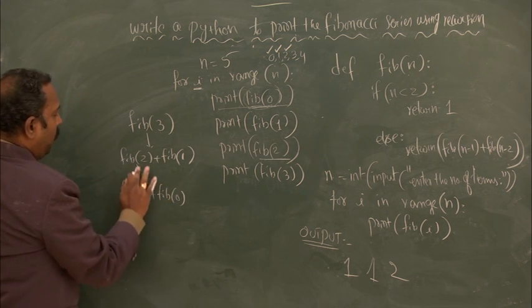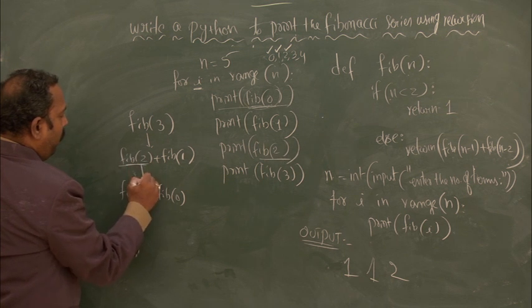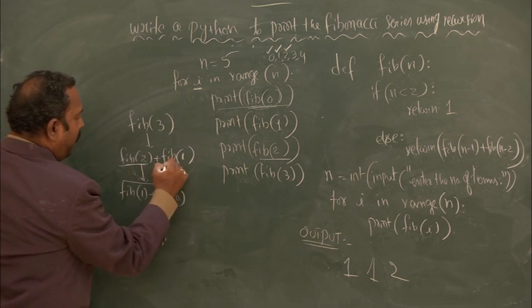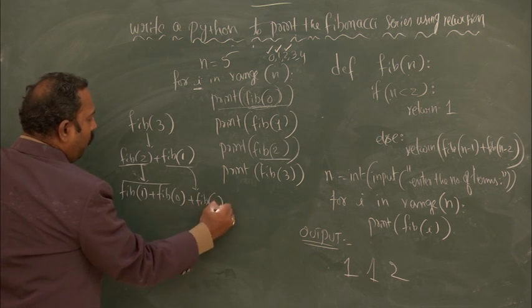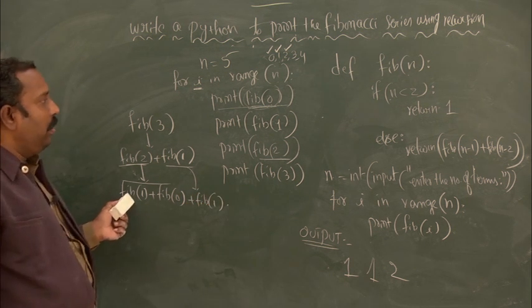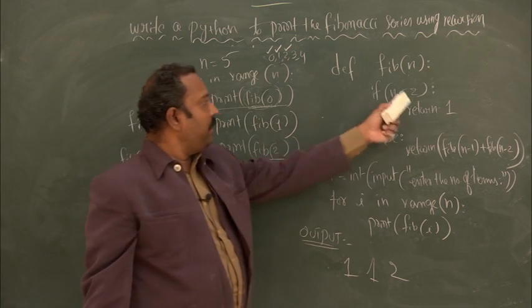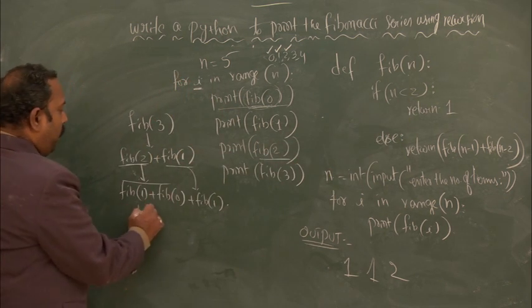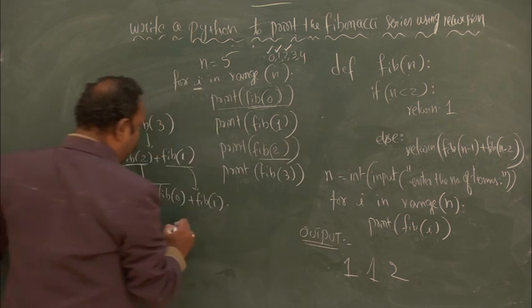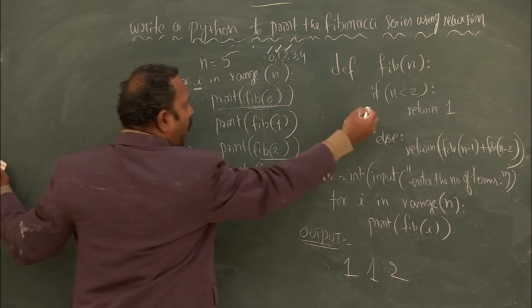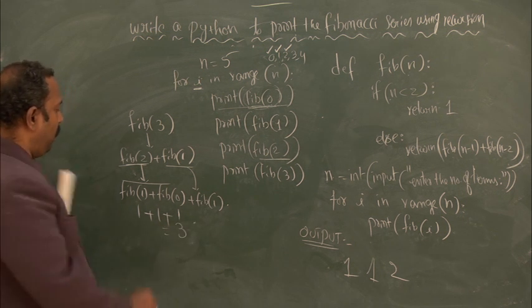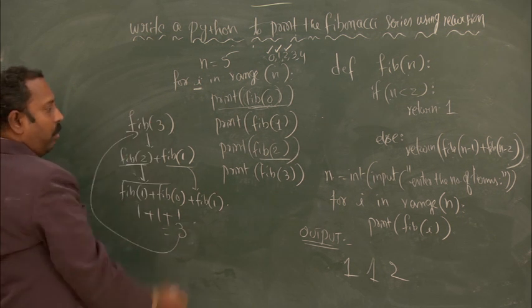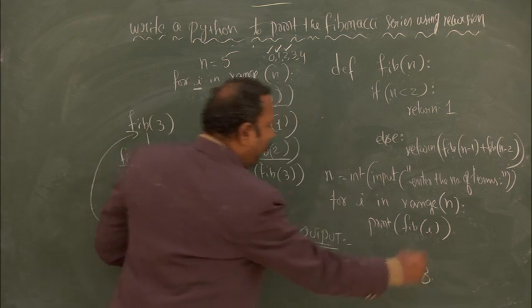Plus this will be added here, plus fib of 1. Fib of 1 means 1, because 1 less than 2 condition is true and returns 1, plus fib of 0, where 0 less than 2 returns 1, and fib of 1 returns 1. So what output did we get here? 3. So fib of 3 gives the output 3.